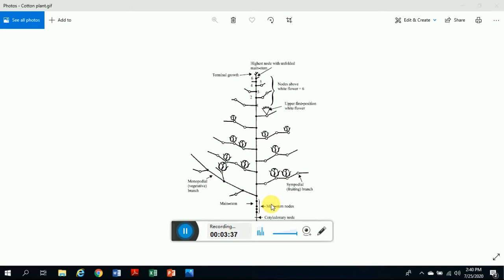Now add 7 and 47.5 days, it will be 54.5 days, or we can say 54 to 55 days. That is the age of this plant. To calculate the date of sowing, we have to go back 55 days from the day at which we counted the number of nodes of this plant. That date will be the date of sowing of this plant.